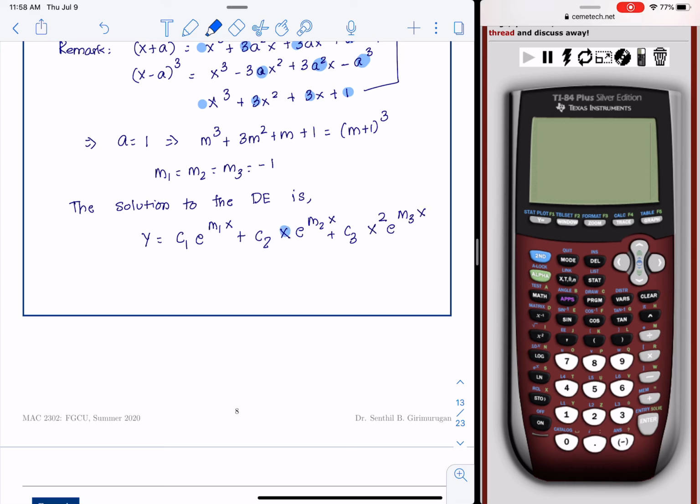Why are we putting x and x squared here? Because the roots are repeating. So the solution is c1 e raised negative x plus c2 x e raised negative x plus c3 x squared e raised negative x.